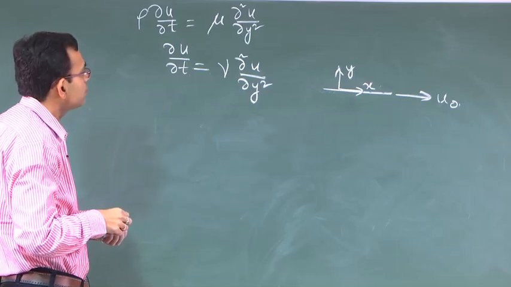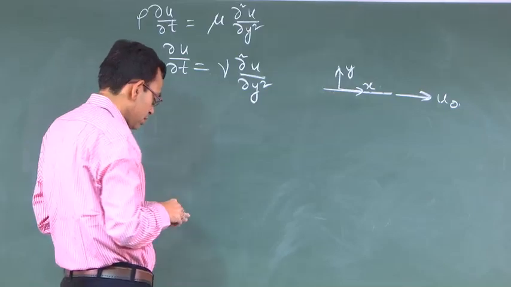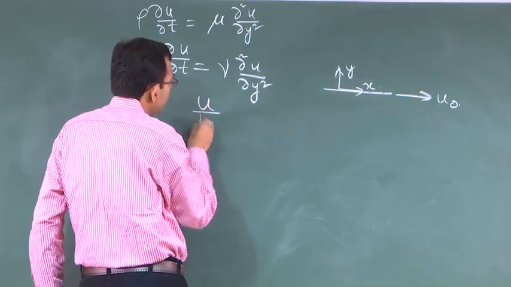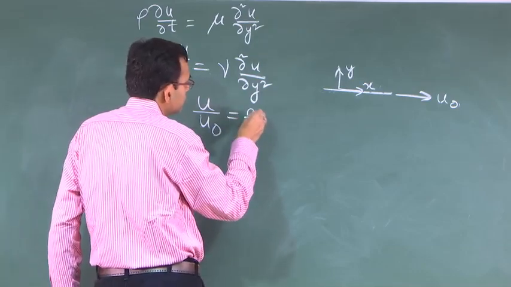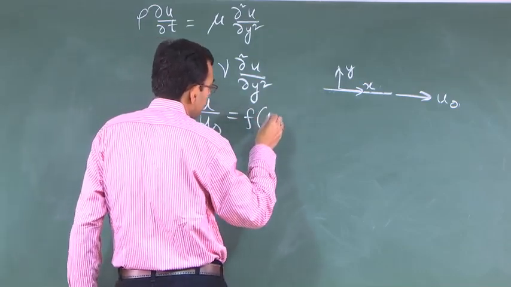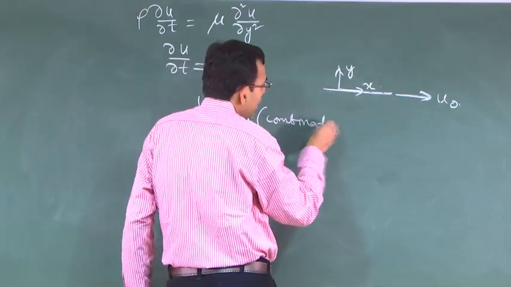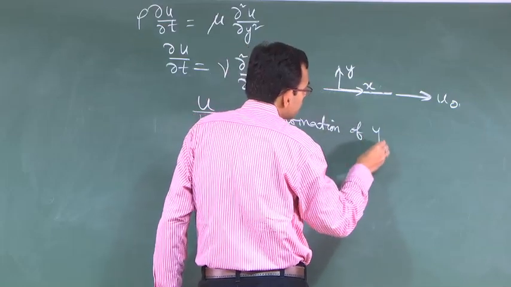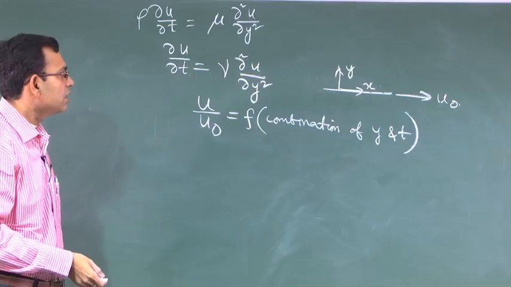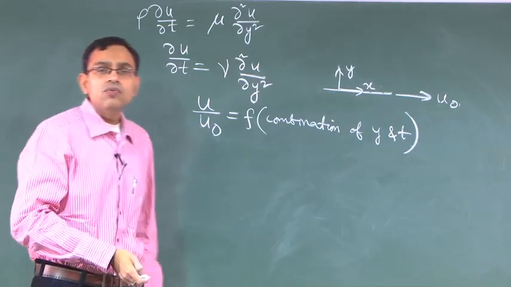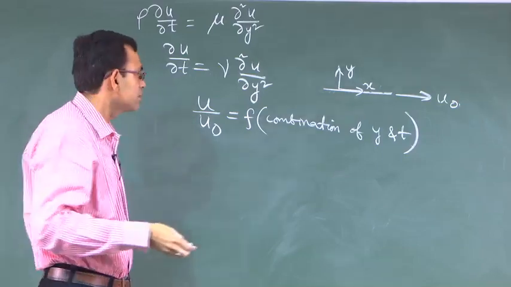Let us say that we want to solve u by u0 as a function of a variable which is a combination of y and t. If it is a separable and unique combination of y and t, then we call that solution amenable to similarity.